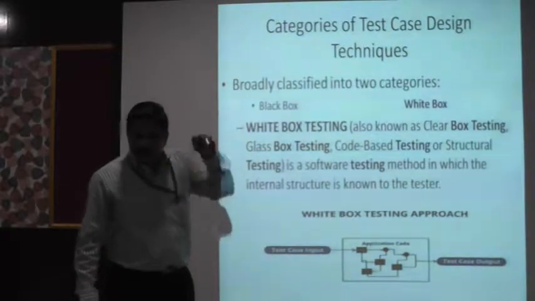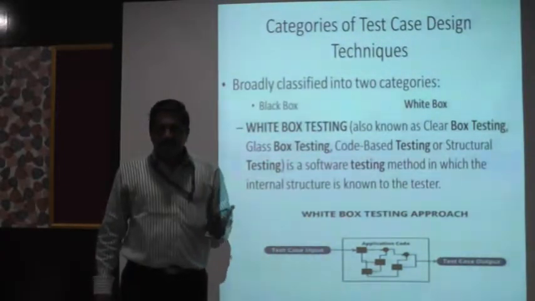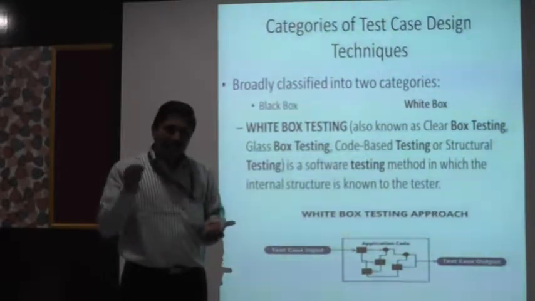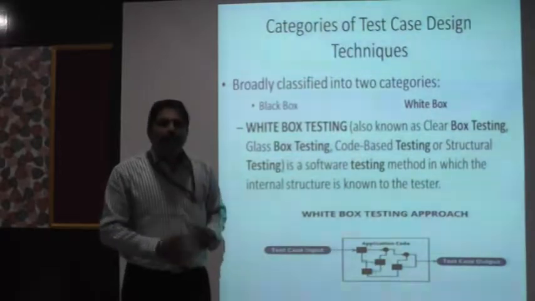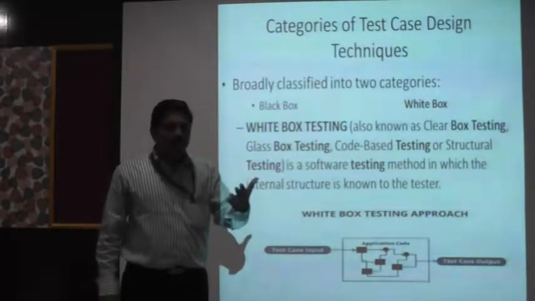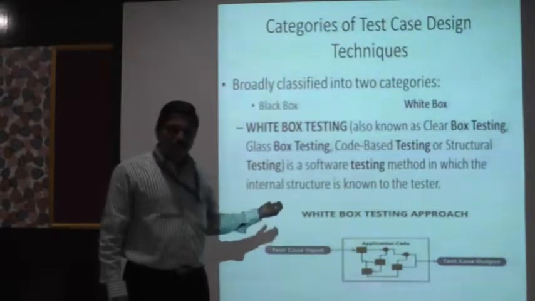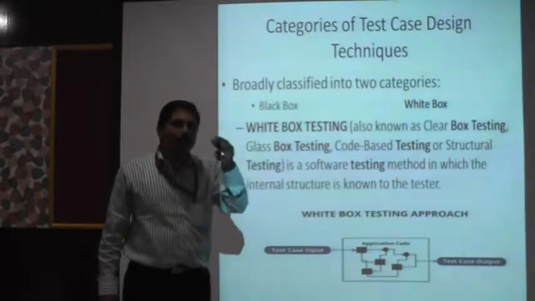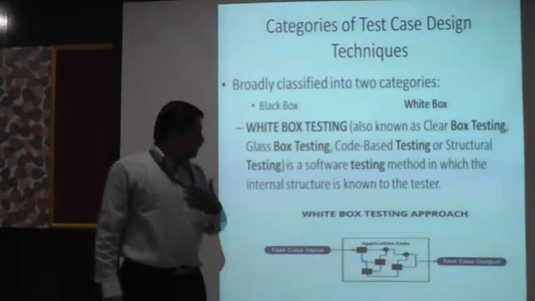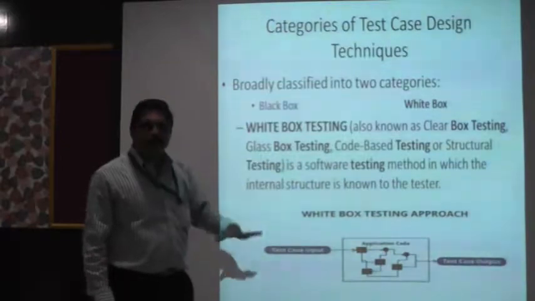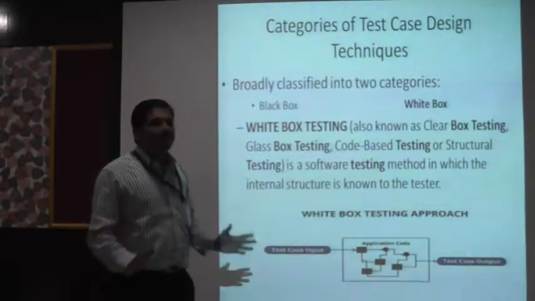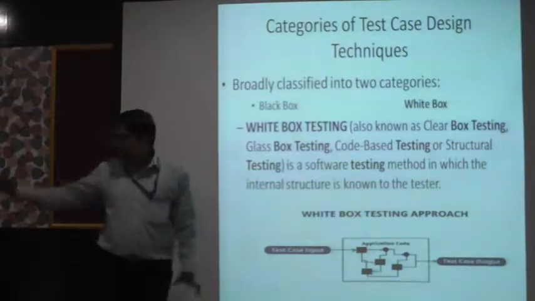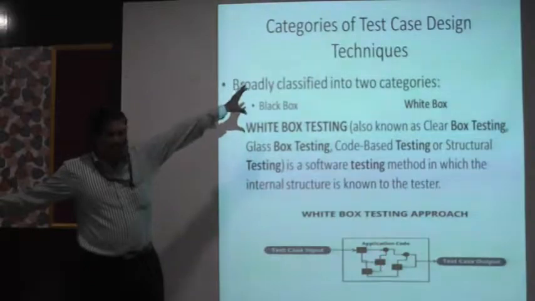So if the tester is not getting the desired output for a particular input, then he has an opportunity to test the code, to run the code again, to make some corrections, to make some manipulations, to identify certain things in the code. That is what white box testing speaks about. Here the code is visible to the tester, whereas in black box testing, the code is not visible to the tester. So, hope you are clear with the basics of test case design.